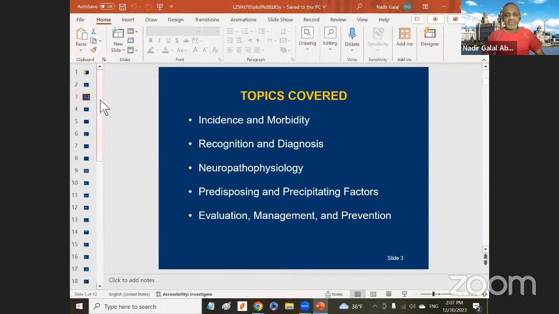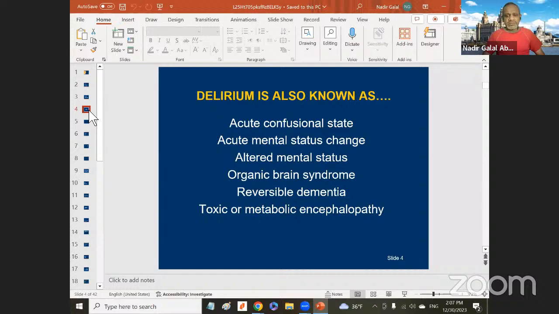Then we will touch on how to recognize, diagnose, and the pathophysiology, and then how to treat and prevent that from happening. There are different ways of naming the condition. Delirium is one of them.